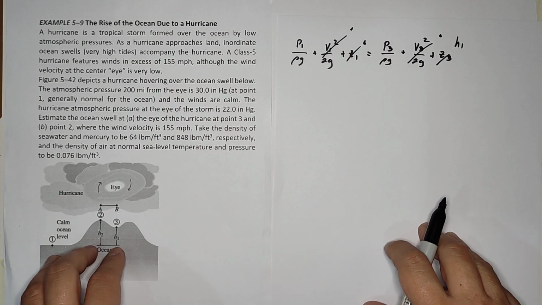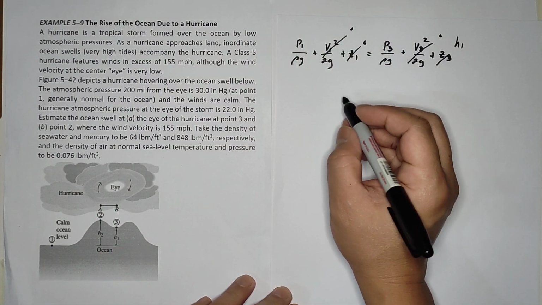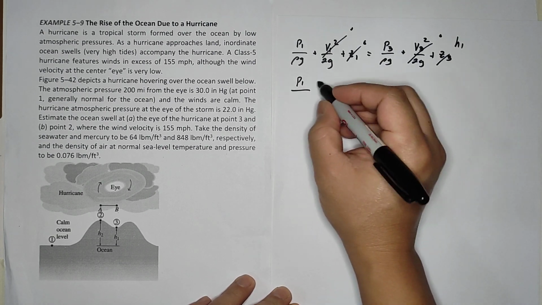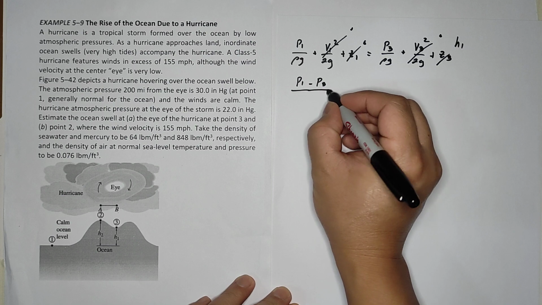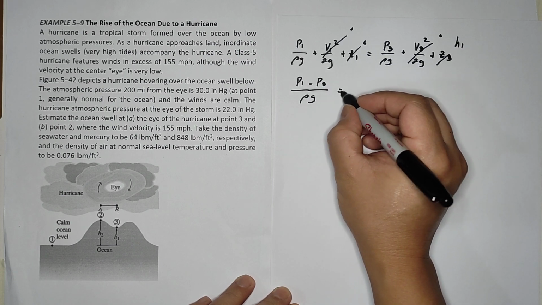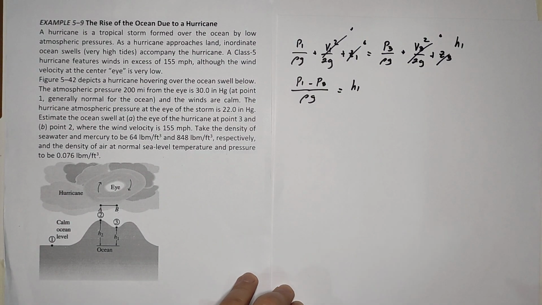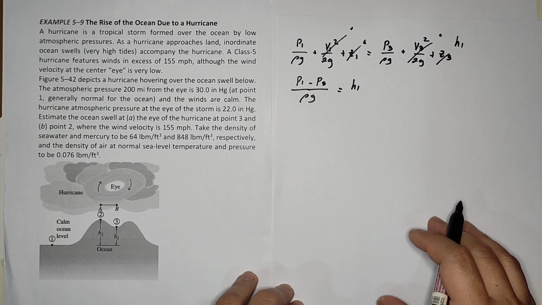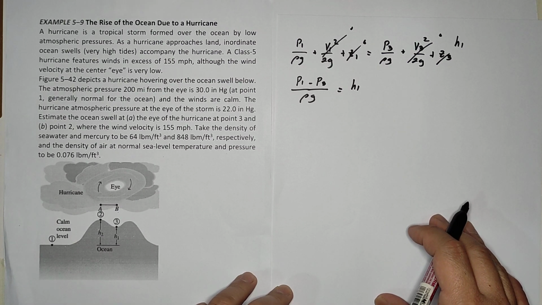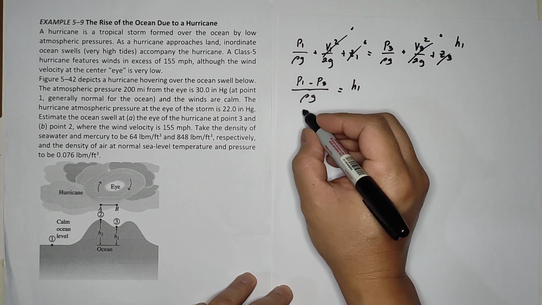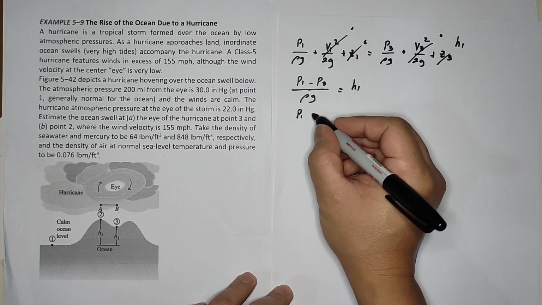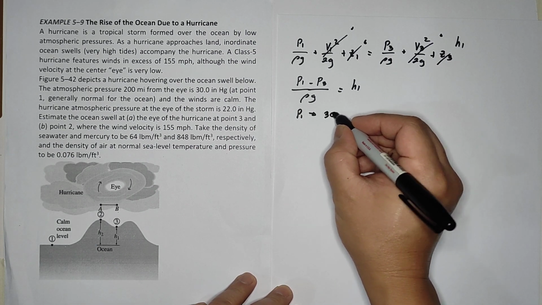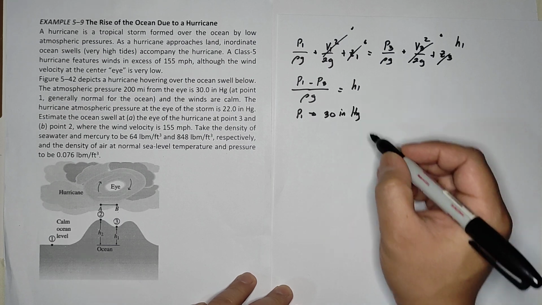Now the equation would be P1 minus P3 over rho g equals H3. Now the given pressures are, for pressure 1, 30 inches Hg.